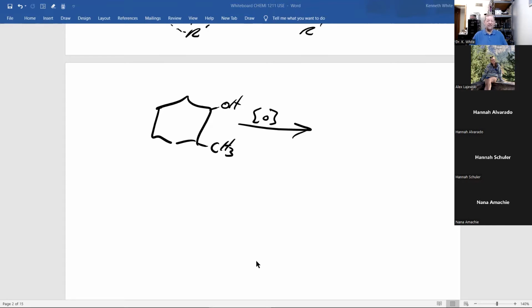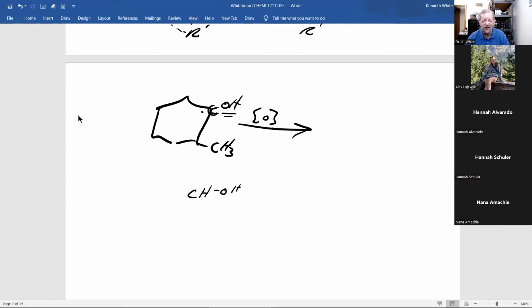Now, one thing I neglected to do, and I'll show you when I do the problem. All right, I think everybody's done. Let me show what I should have done earlier. If we look at this carbon, what's different? Hydroxyl group on a carbon. Now, you don't see the hydrogen there, but there's one there.